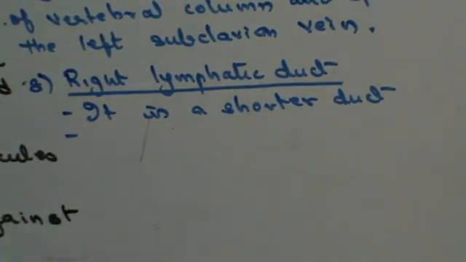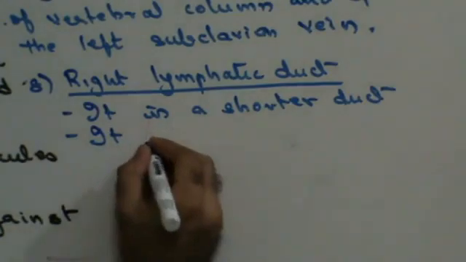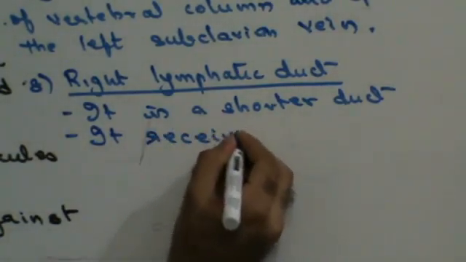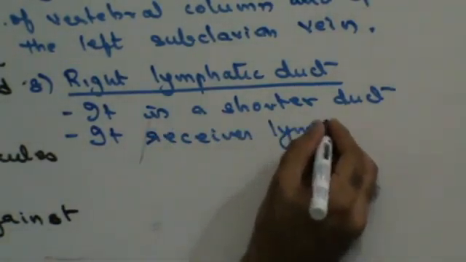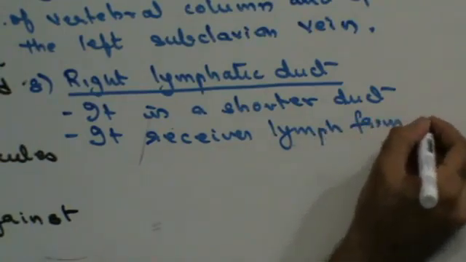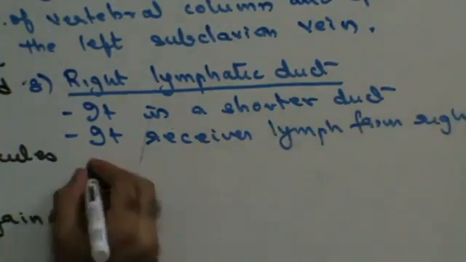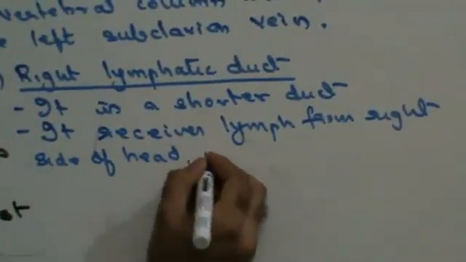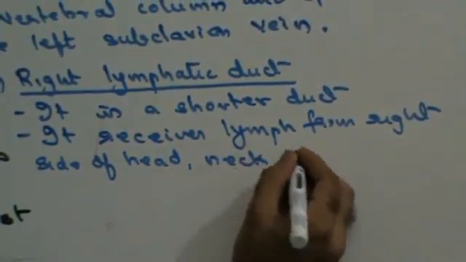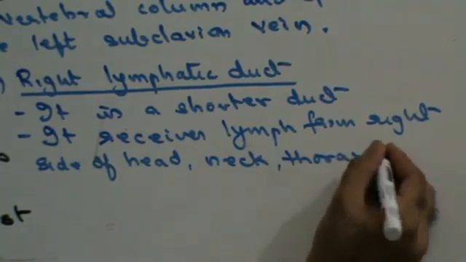It is a shorter duct. It receives lymph from the right side of the head, neck, thorax and right arm.